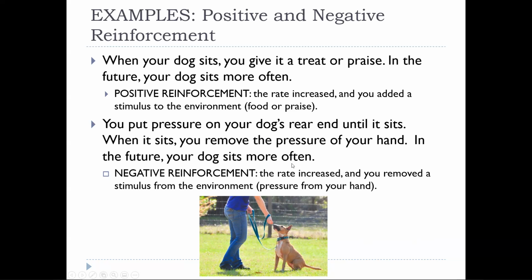Your dog is increasing the frequency of sitting. So we're in reinforcement land. And it's negative because the consequence that is increasing that behavior is the removal of a stimulus, the removal of the pressure that you're providing. So if you start providing pressure and then the dog engages in a behavior to remove that pressure, that is negative reinforcement.